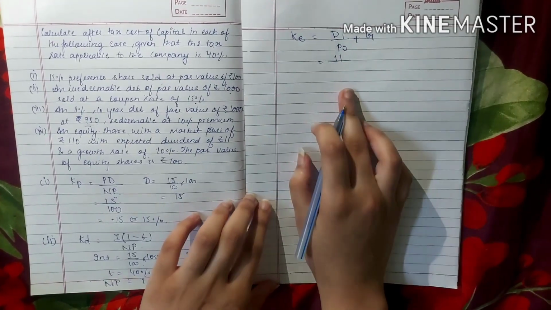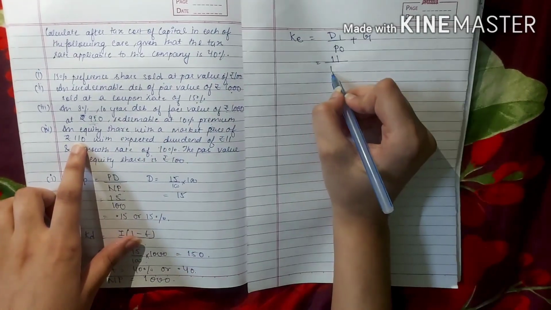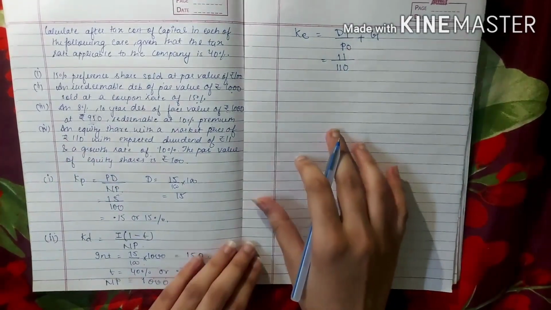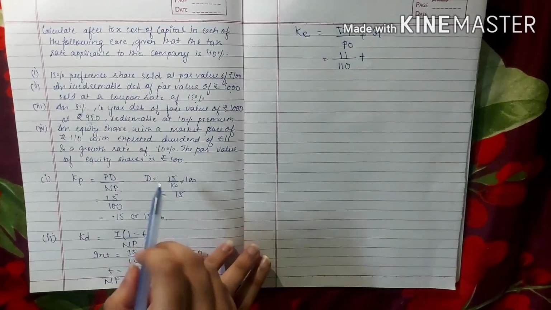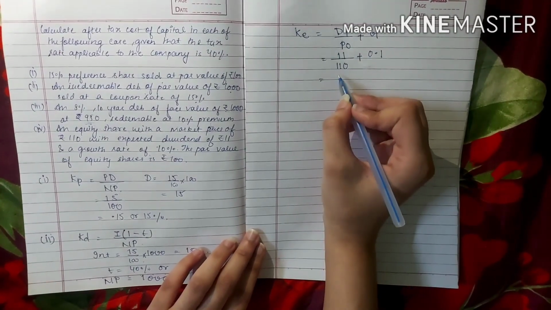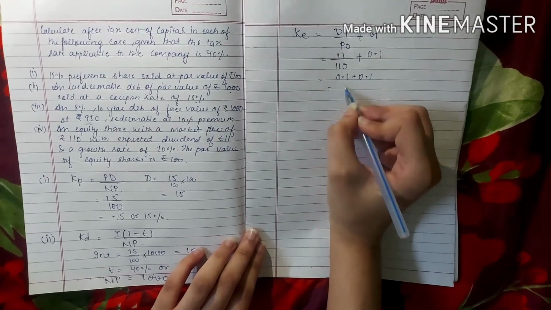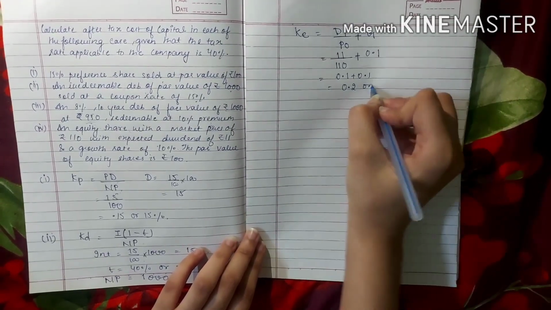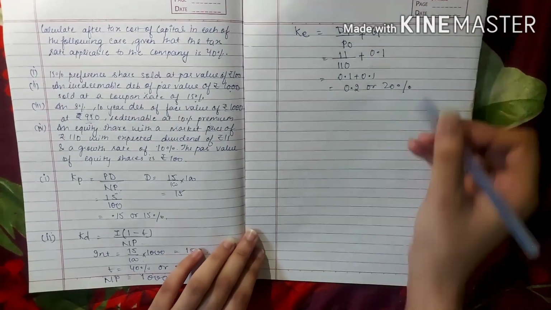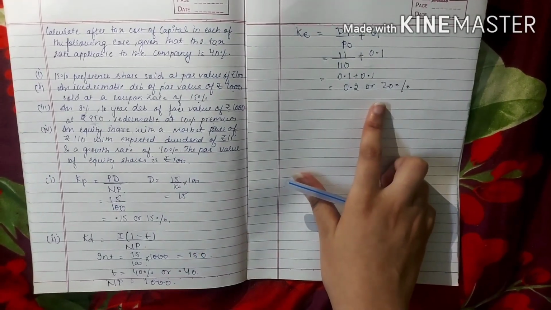P0 is current market price, so the current market price is 110, plus growth rate. Growth rate is 10% or 0.1. So 11 upon 110 is 0.1, plus 0.1 is equal to 0.2 or 20%. So here we have calculated the cost of equity capital.